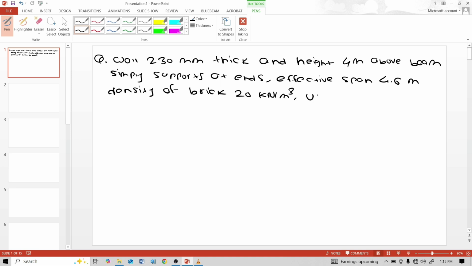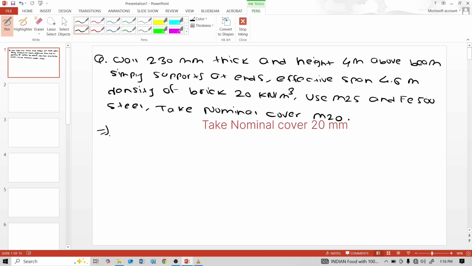Use M25 grade of concrete and Fe 500 steel. Given: wall 230 mm thick, height 4 meter, above beam, simply supported at ends, effective span 4.6 meter.